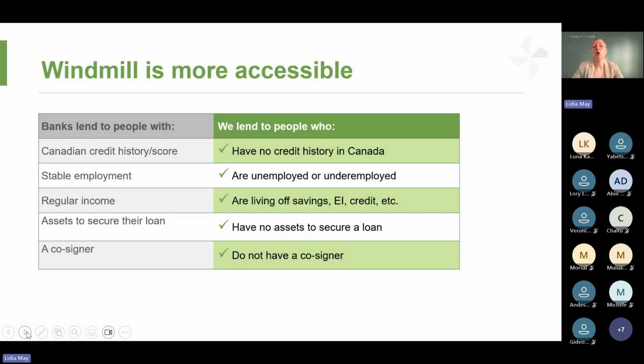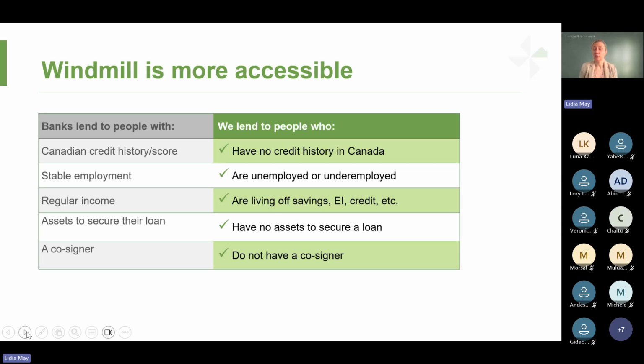So here you can see how we are different from a bank or from any financial institution. First of all, we don't require our clients to have Canadian credit history, but understand me right, we always check. We are going to be checking your credit score and everything. But let's say you're brand new to Canada, you're brand new to Winnipeg, you didn't have time to build your credit, still we might be able to help you.